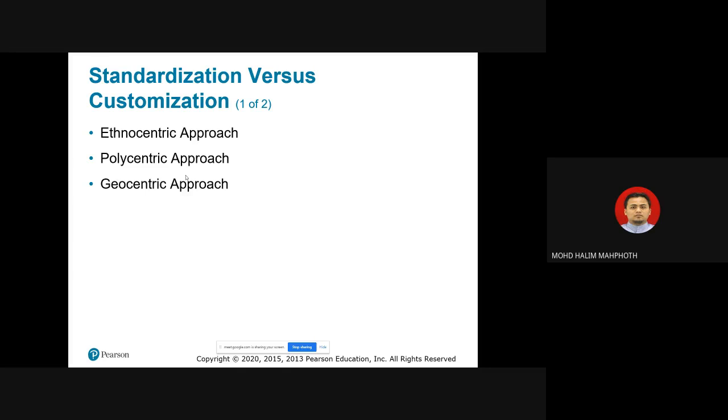Towards local or towards foreign preference. The geocentric approach is more toward standardization. So it is a bit focused on certain elements of the marketing mix, for example in terms of the flavors itself.